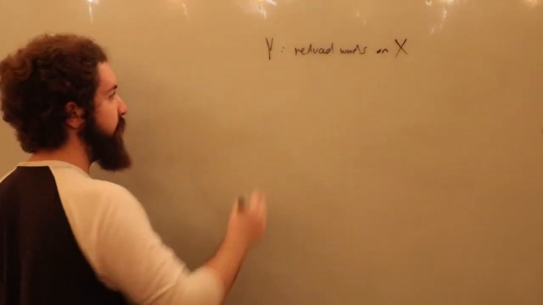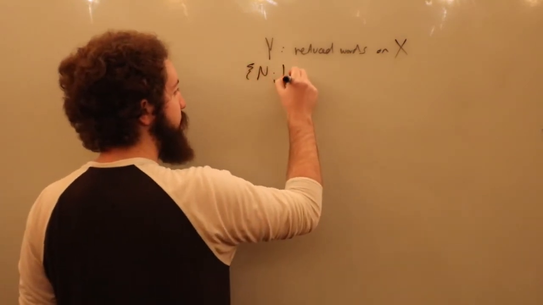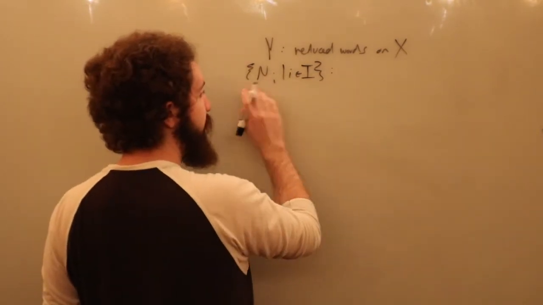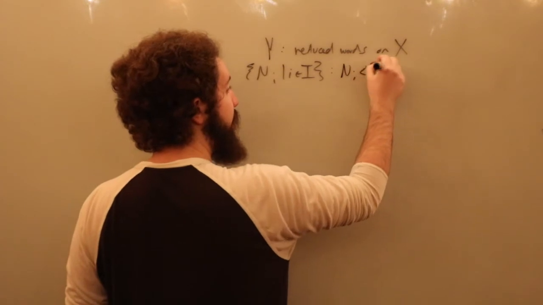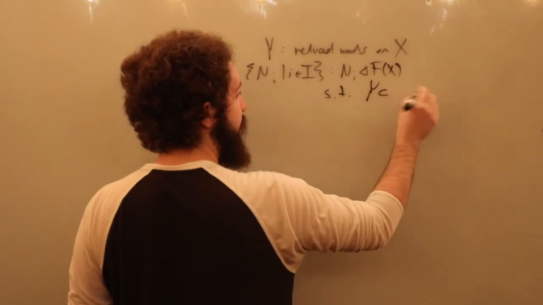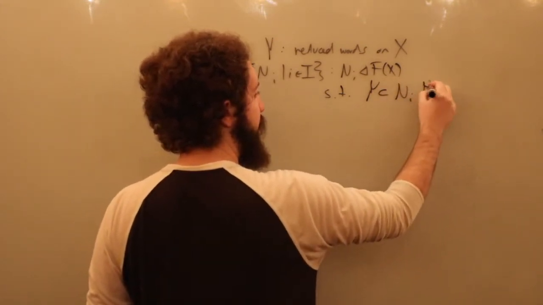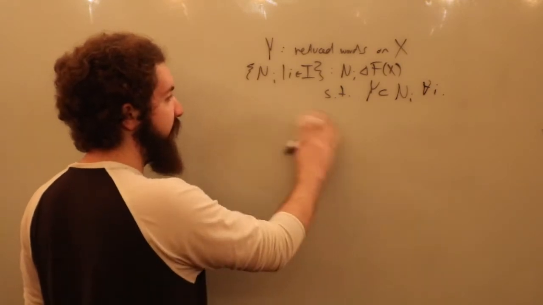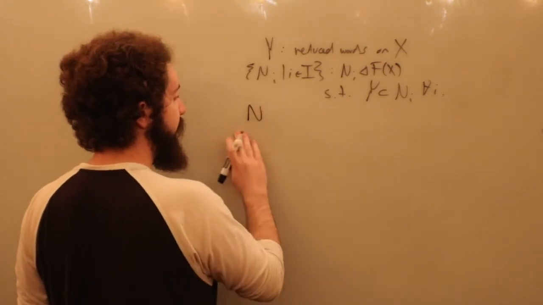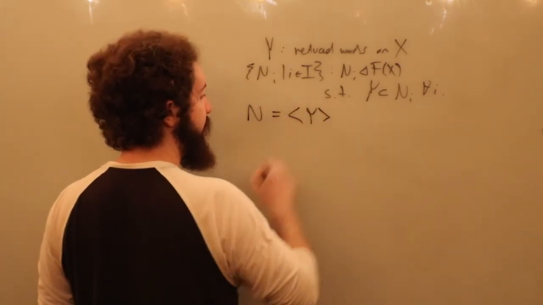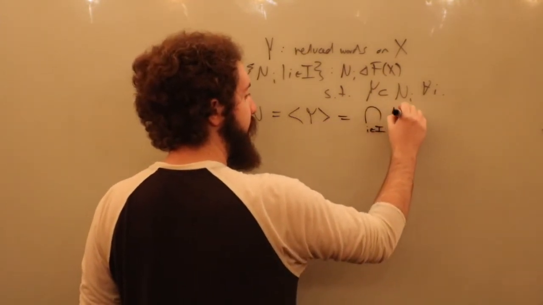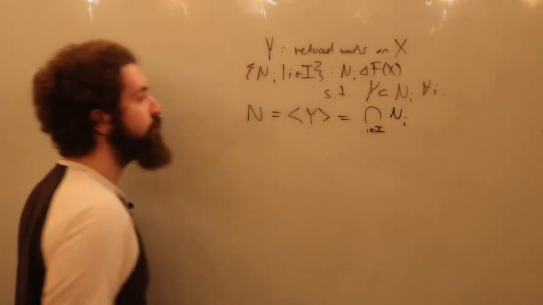And we're going to consider the family of normal subgroups N sub I of F, the free group on X, such that Y is contained in N sub I for all I. And then we're going to take their intersection to get the normal subgroup generated by Y. So we're going to call capital N the normal subgroup generated by Y, which is just the intersection of all these normal subgroups containing Y.